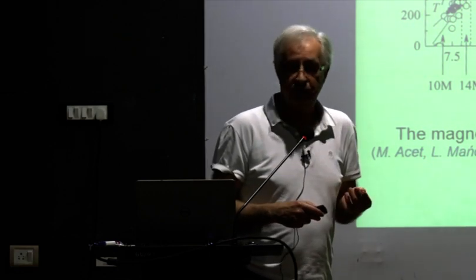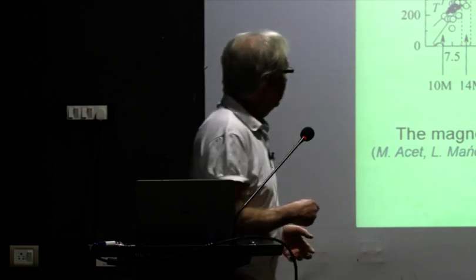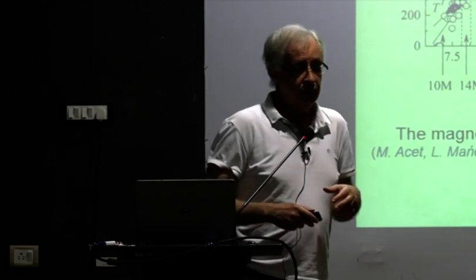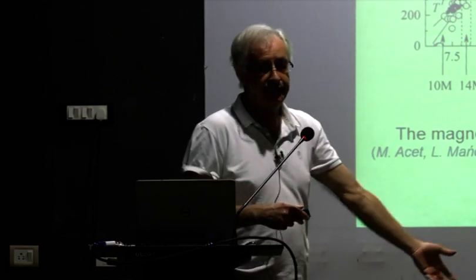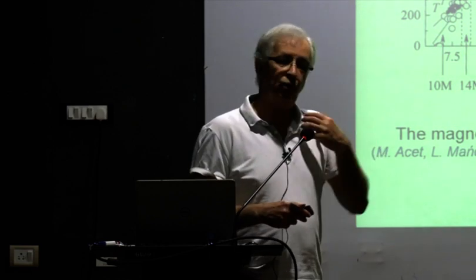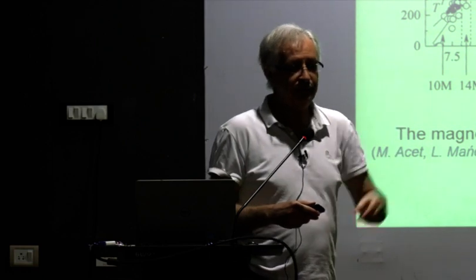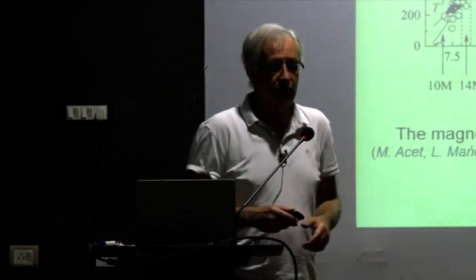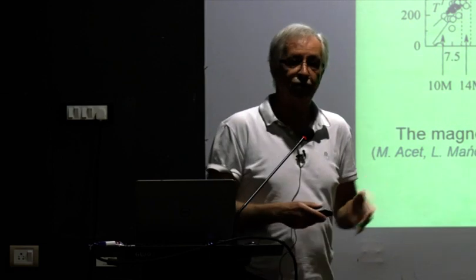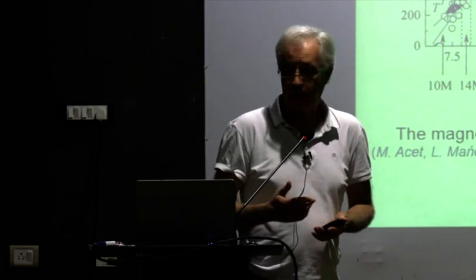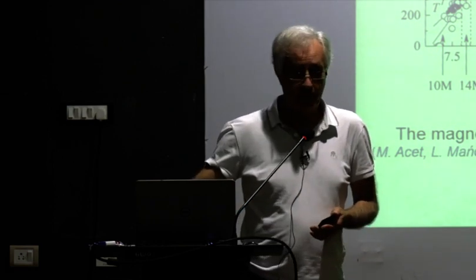Can we reuse this in all temperature ranges? We know what the structure is at room temperature, but if we send this down to low temperature and reheat it, will we be able to use it again? Things like that. If we took this into space where temperatures are low, can we use magnetic shape memory effects? Do the structures prevail? So we have to know what's going on almost everywhere.